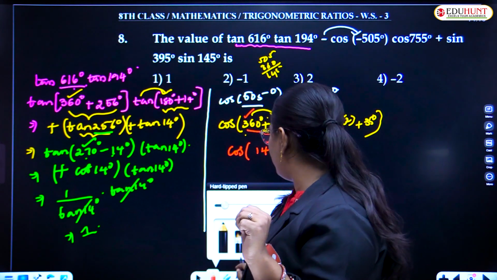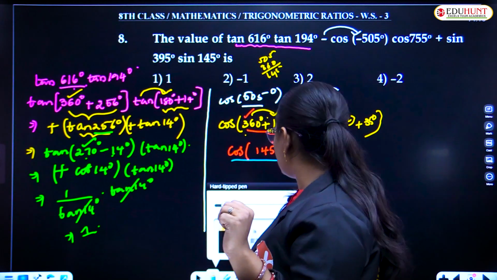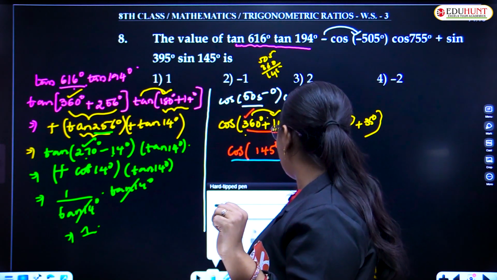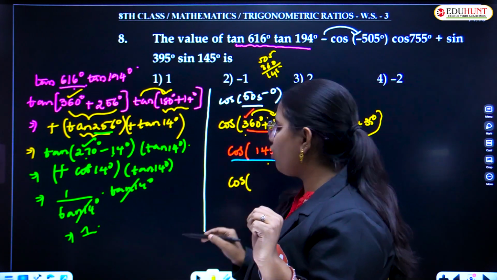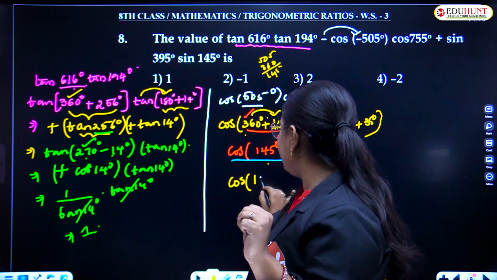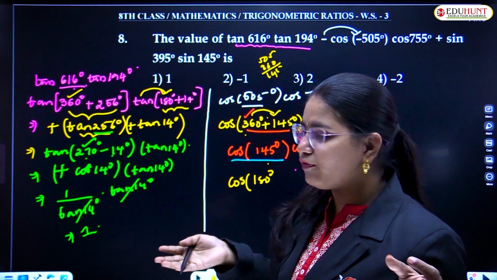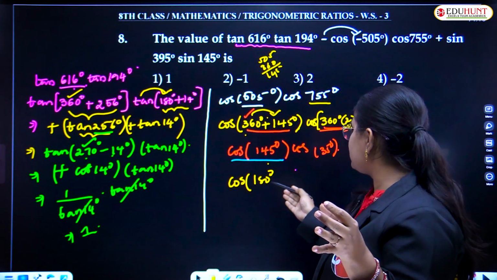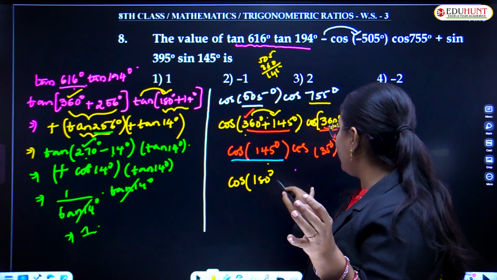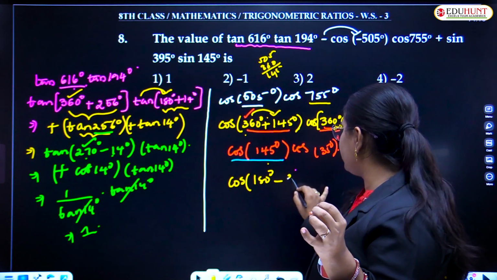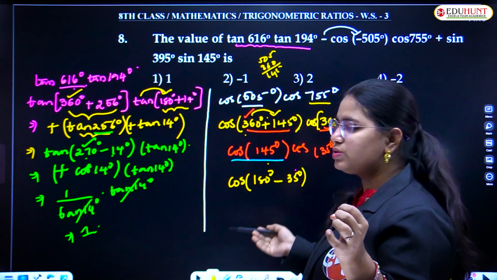In the next step, 145, here I am not familiar with 145. So I am expressing this 145 as either 90 plus 35, or 180 minus theta. 180 minus 35 is 145.